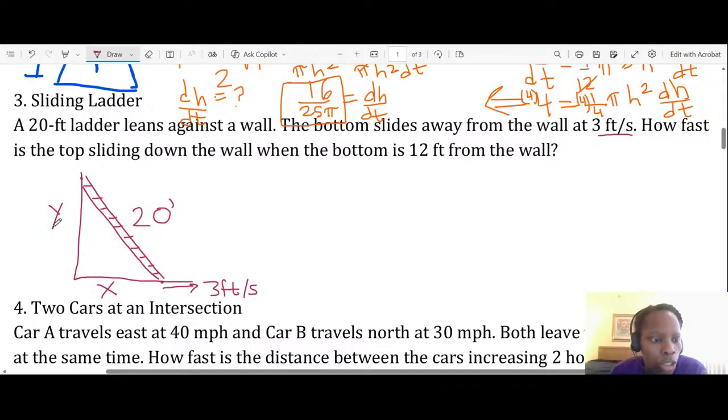So we want to know dy/dt. So dy over dt is what we want to know. Okay, so this is dx/dt.